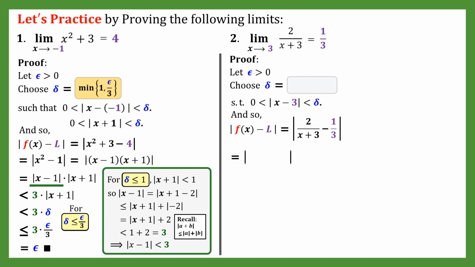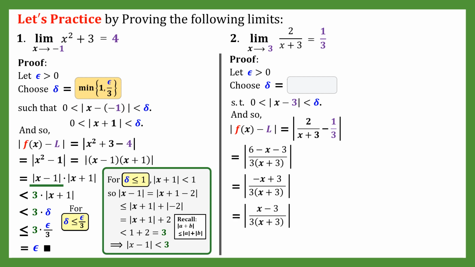This equals the absolute value of 6 minus x minus 3 divided by the product 3 times x plus 3, which equals the absolute value of negative x plus 3 divided by the product 3 times x plus 3, and this equals the absolute value of x minus 3 divided by the product 3 times x plus 3.